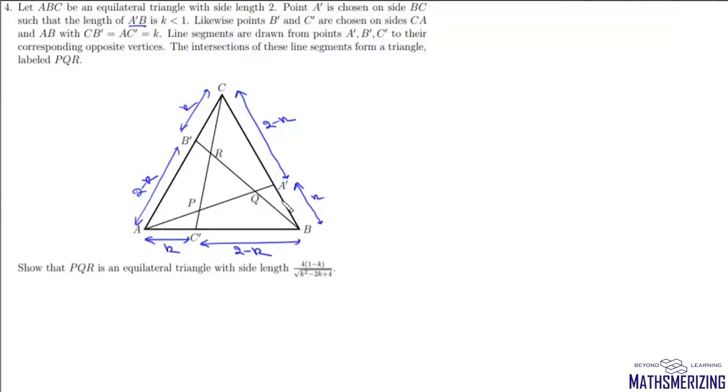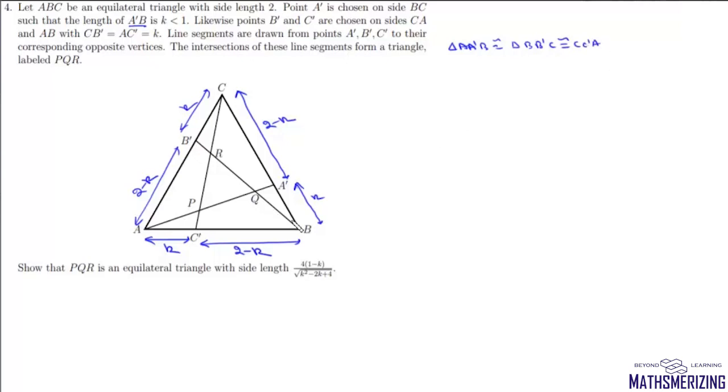Now from this figure we can say that these three triangles, A dash B, that is this triangle, it is congruent to this triangle which is B dash C, and it is congruent to this triangle which is C dash A.